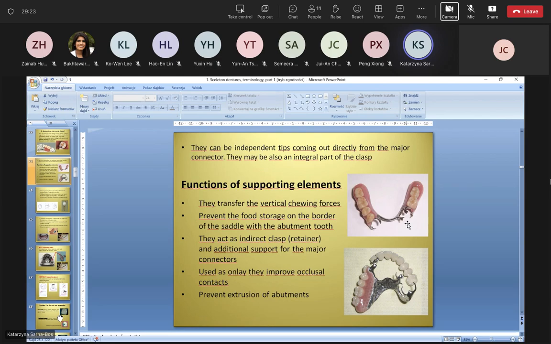They are used as onlay. They improve occlusal contacts. So when the supporting element is the tip connected with the clasp, it can play the role of the onlay. And supporting elements also prevent extrusion of abutments.